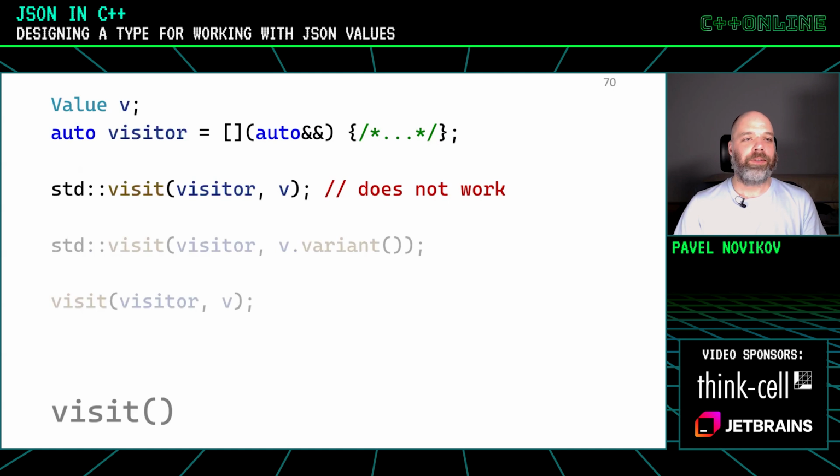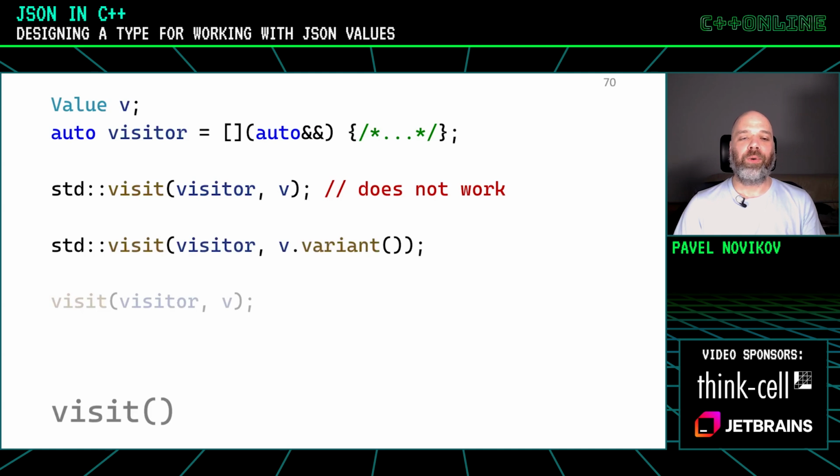Next, we have visit, and here we just can use std::visit. Rather, we can't use std::visit as it is, because although our value has a conversion to variant, std::visit is a template, and this template cannot understand that our value type has a conversion to variant.